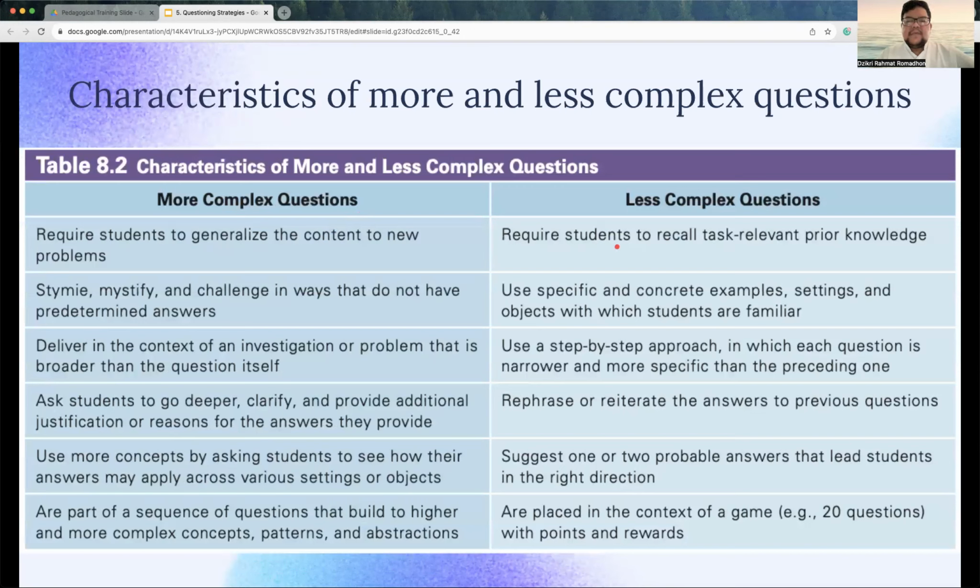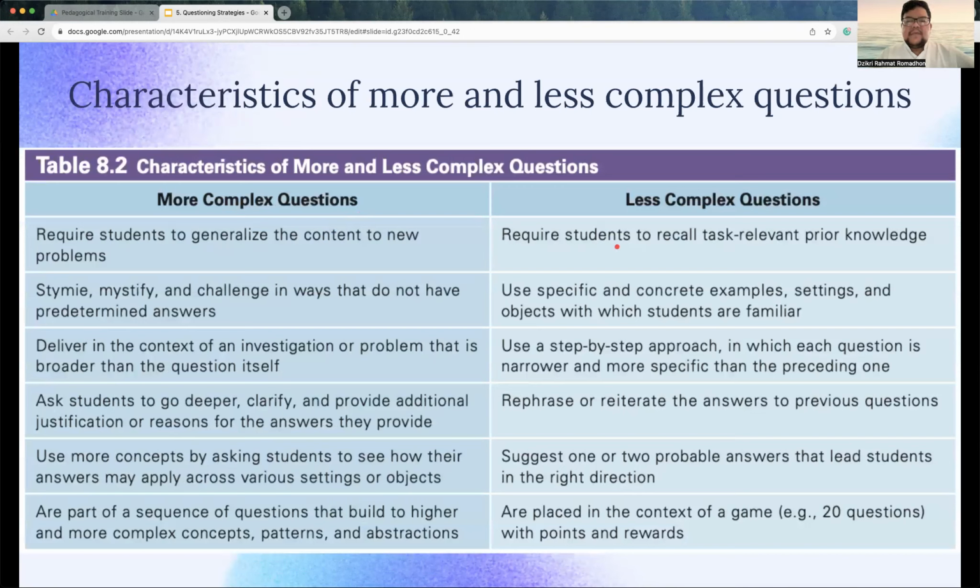Next, deliver in a context of an investigation or problem that is broader than the question itself. So the area of the questions will be expanding, and the student has to think about what happens outside of the usual area.